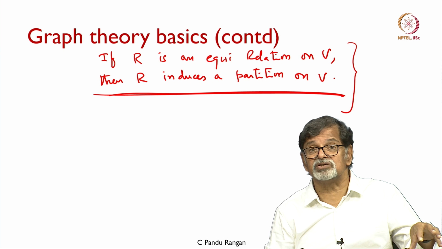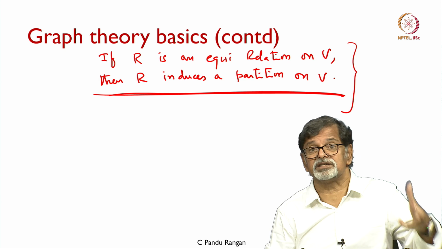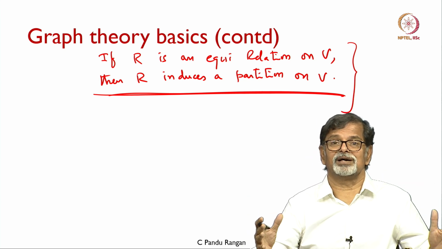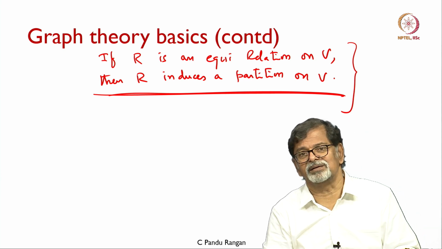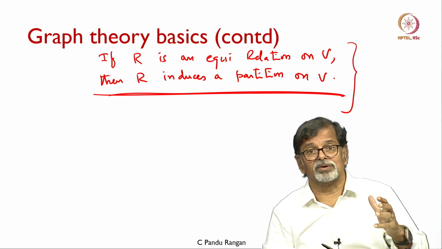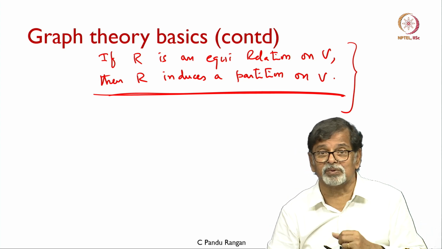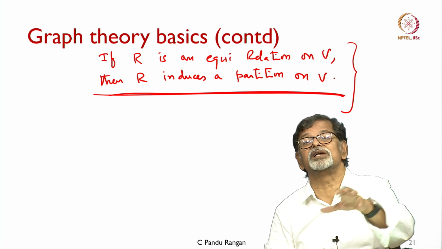Therefore, A is going to induce a partition because the path relation on A is going to induce a partition of the vertex set. A is defined on the vertex set V. So, each partition is a connected component. A is acyclic, therefore, each connected component is a tree.